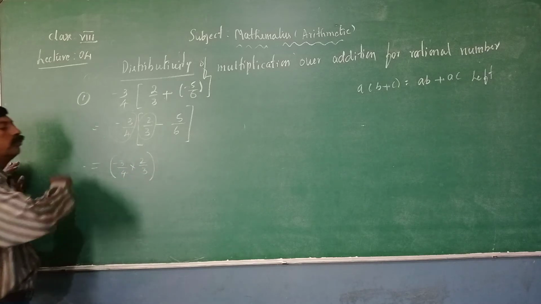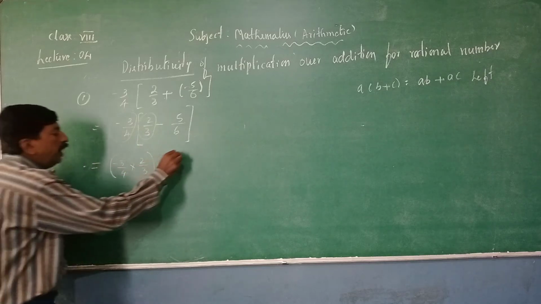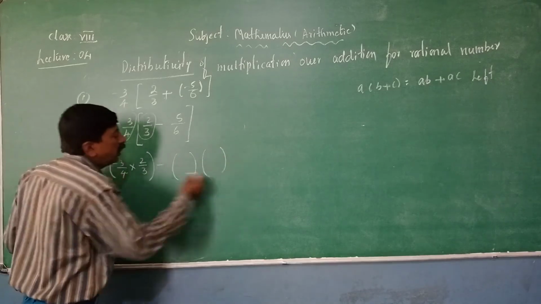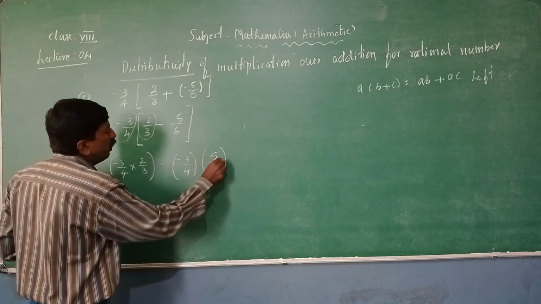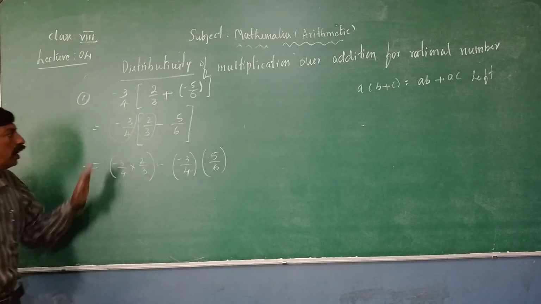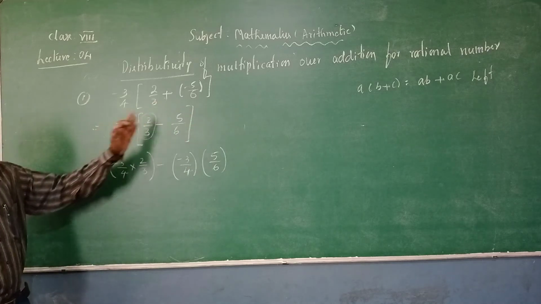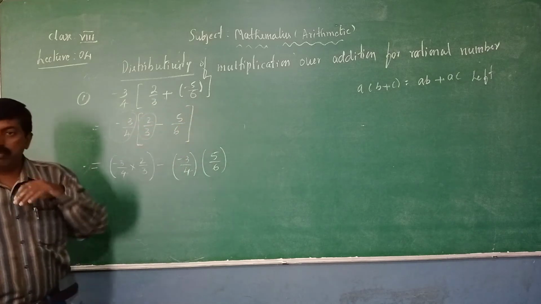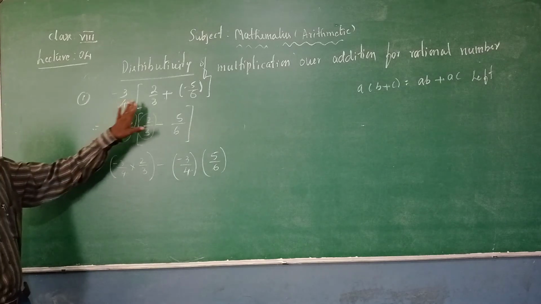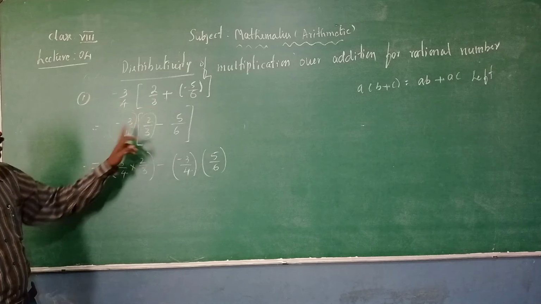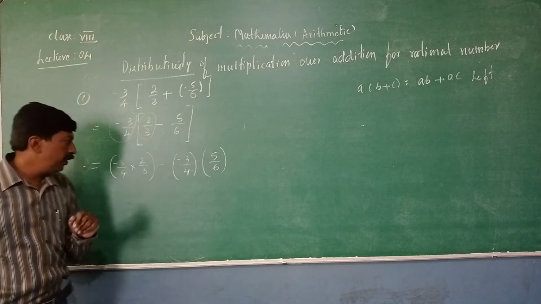That is one group. Next, A and C: A is minus 3 by 4, C is minus 5 by 6. A of B plus C is AB plus AC. In the same way, first term with the first term, the middle sign as it is, first term with the second term.